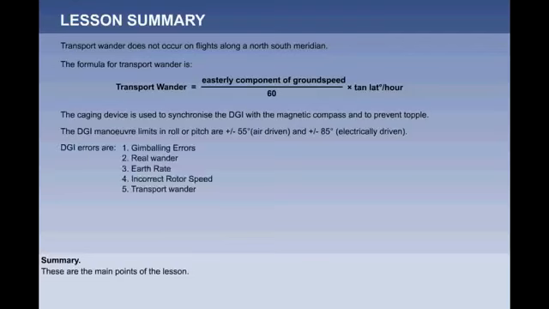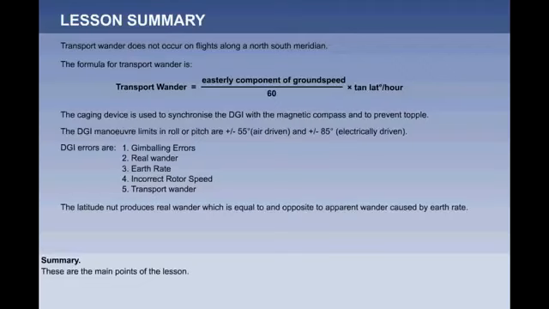DGI errors are gimballing errors, real wander, earth rate, incorrect rotor speed, and transport wander. The purpose of the latitude nut is to produce real wander, which is equal to and opposite to apparent wander caused by earth rate. The latitude nut is set for a specific latitude only.